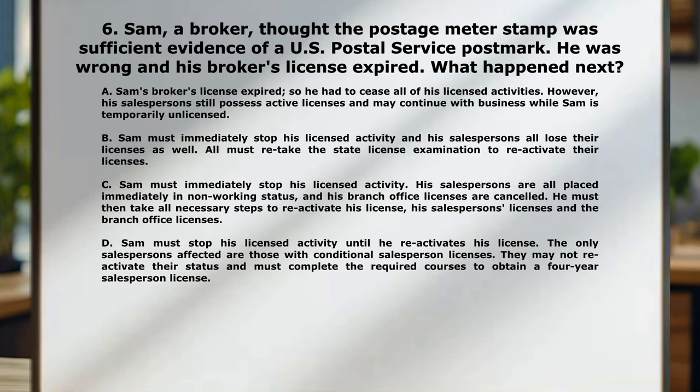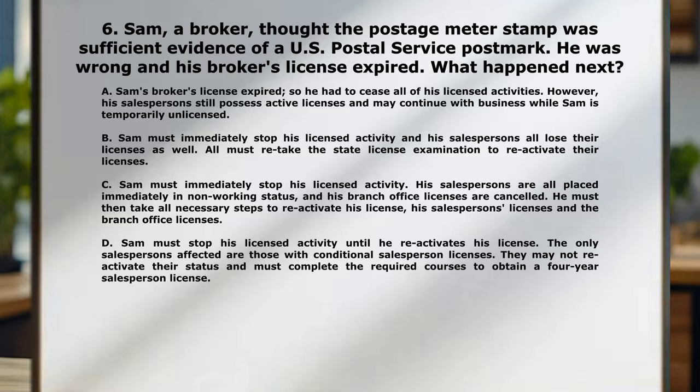However, his salespersons still possess active licenses and may continue with business while Sam is temporarily unlicensed. B, Sam must immediately stop his license activity and his salespersons all lose their licenses as well. All must retake the state license examination to reactivate their licenses.